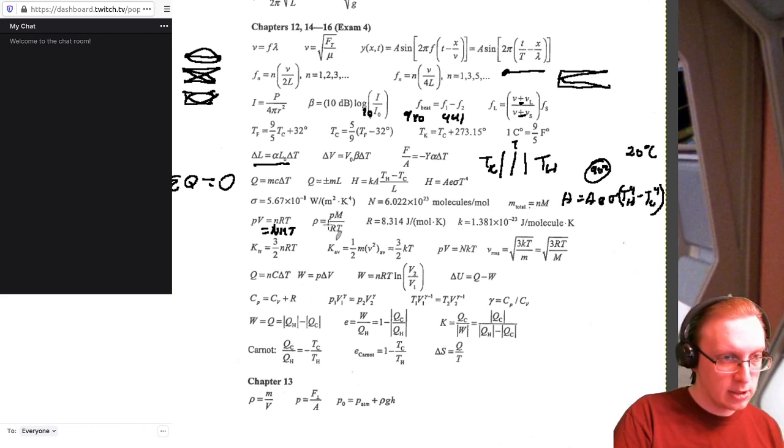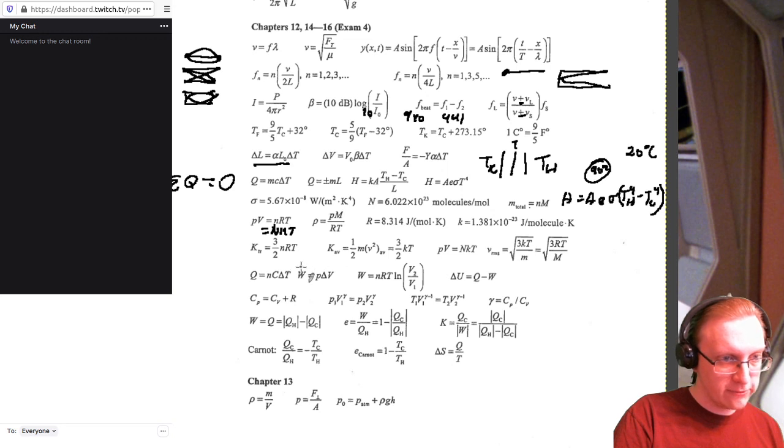So this is the density of the air equal to pressure times molar mass, divided by RT. So it's basically another rehash of the ideal gas law, except it's for a specific amount of the stuff rather than for a total amount of the stuff. So it's a density and a molar mass, or a specific mass of the gas in question.